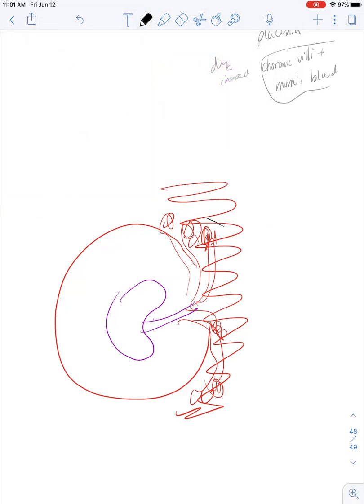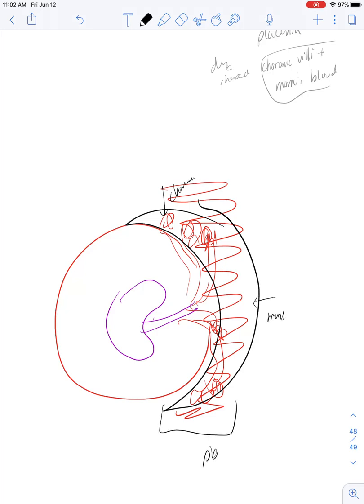This entire structure becomes a disc-shaped structure with the chorionic villi of the baby and the mom's blood here, and that makes up the placenta. And basically the placenta is forming right at week 1 and becomes totally completely developed by month 3.